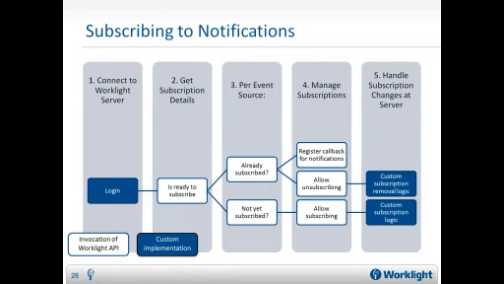Okay, so we just saw a full notification cycle driven by the Worklight platform. Let's see in greater detail how Worklight drives the subscription process in the application. So for a user to subscribe, the application must have the user log in, or at least have in hand a unique identifier for the user, such as in the case of a traveler who wants to be notified of an airport gate change, while the app provided by the airline does not require users to be registered.